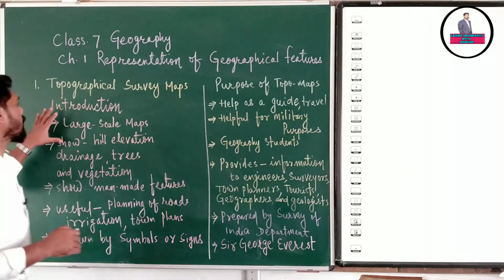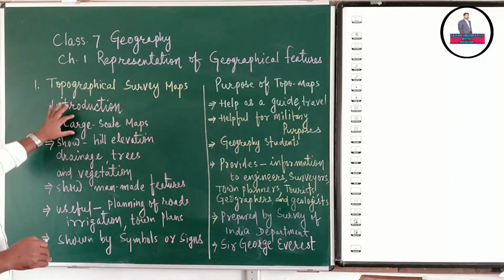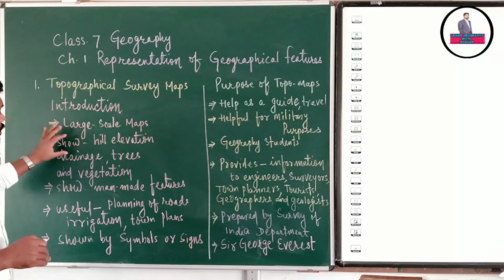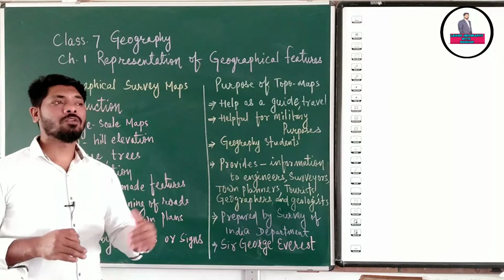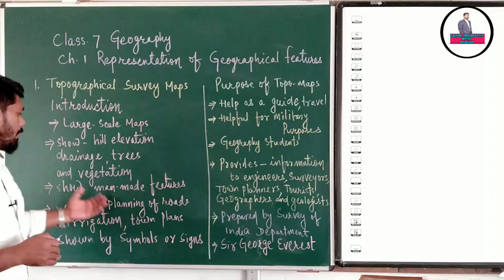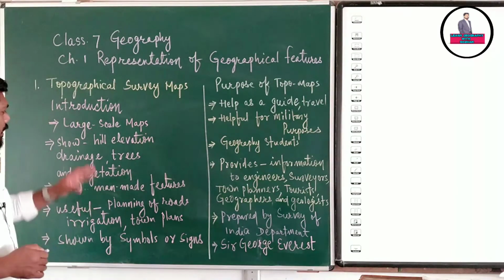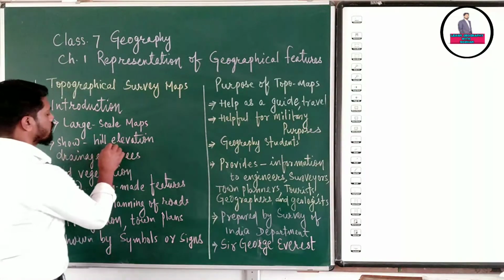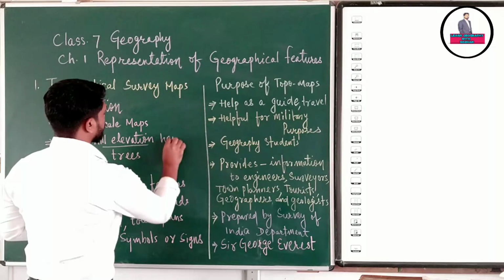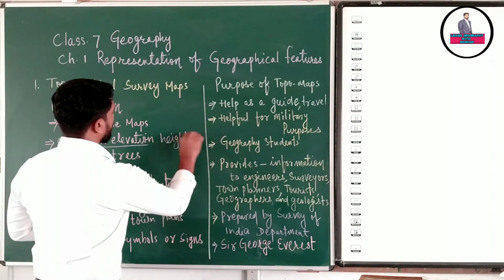These topographical maps are drawn on a large scale to show the natural features and the man-made features. The natural features include hill elevation, also known as the height of a hill.